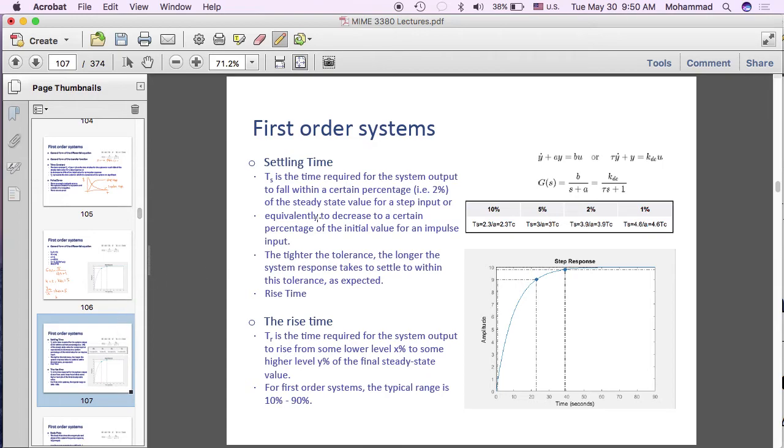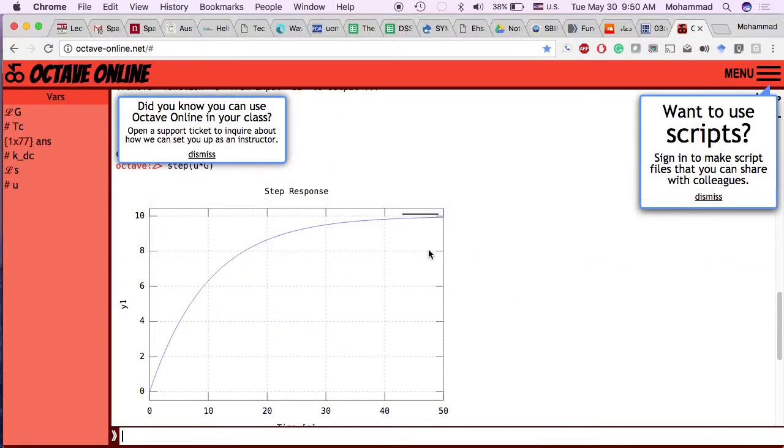So if you want to get to 10% of the steady state response, the time that gets you to the 10% neighborhood is 2.3 times the time constant. So if the time constant of a system is 10 seconds, it takes about 23 seconds to get to 10%. Let's test that on our system.